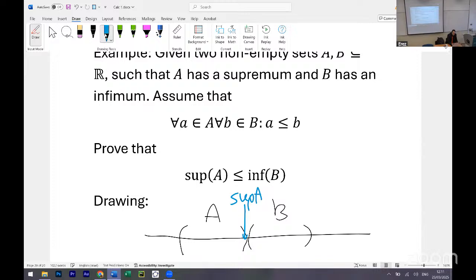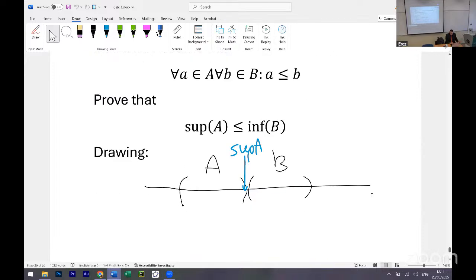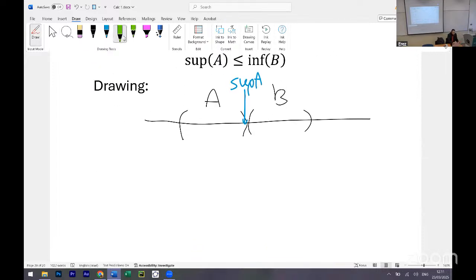And the infimum of B would be here. And indeed, the supremum of A is to the left of the infimum of B.